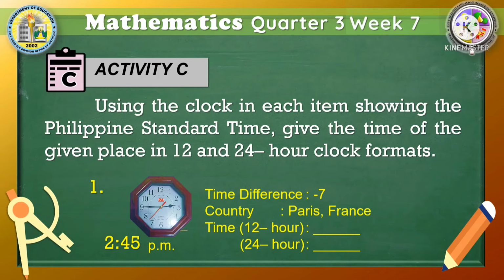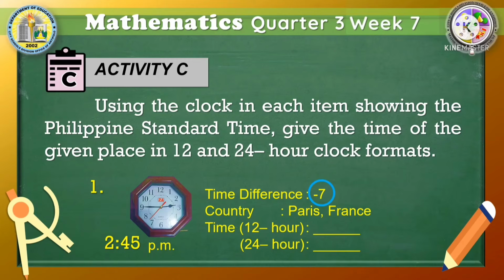This time, you are asked to give the time in Paris, France, based on the given Philippine Standard Time. Remember, in relation to the Philippine Standard Time, Paris, France is 7 hours behind. So, what time is it there? The first thing that you should do is convert 2:45 p.m. to 24-hour clock format.